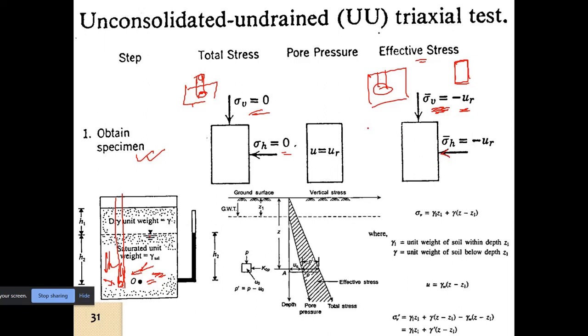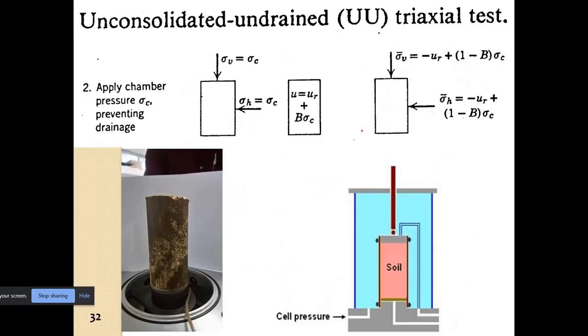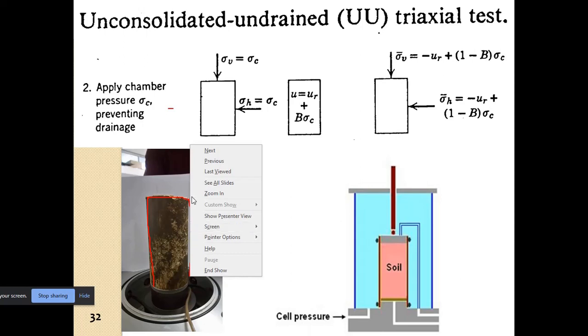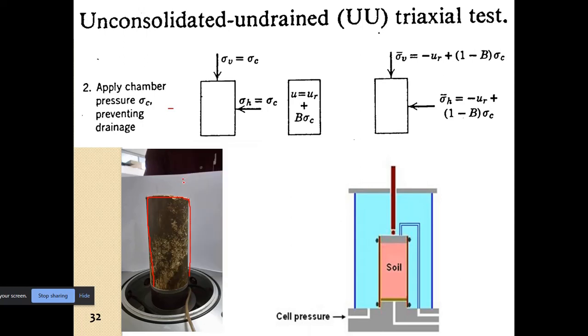Now what we do in the next stage is, first of all we encase the sample with the rubber membrane, and then we put the cell pressure on.